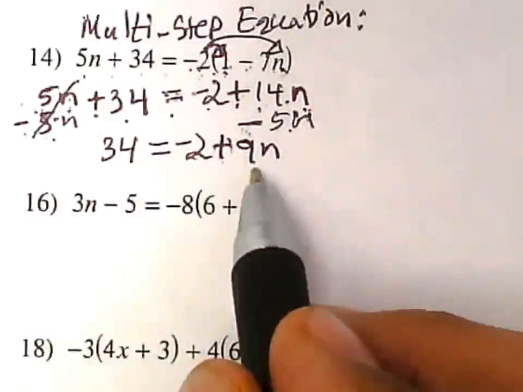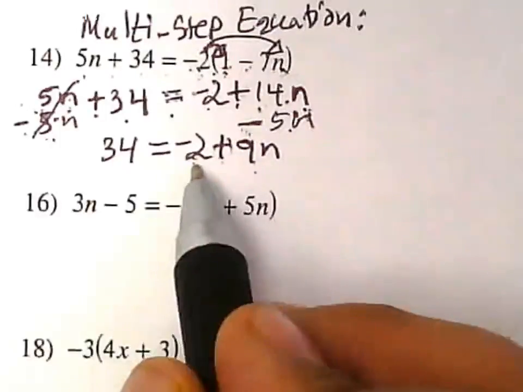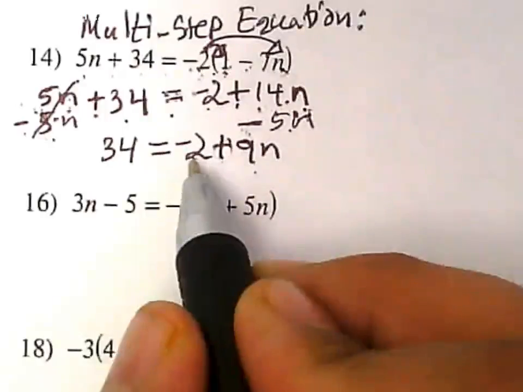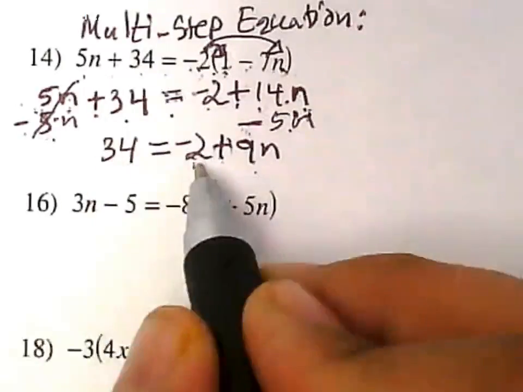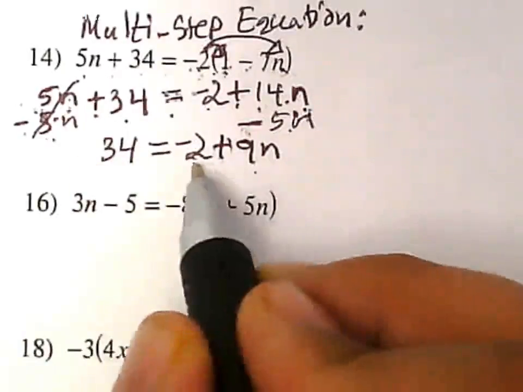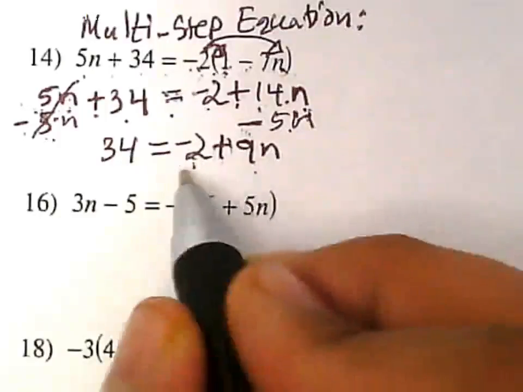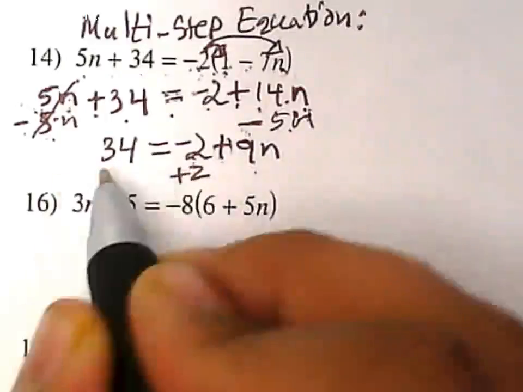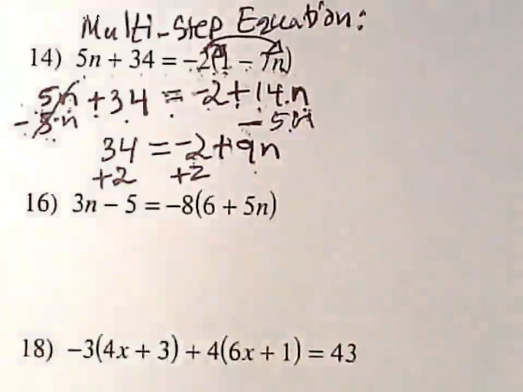We get the n on one side. Now we need to move the number to the other side. So here's negative 2. That's what we need to move to the other side. This is negative 2, so you do the opposite, which is positive 2. If you do positive 2 here, you do the same thing to the other side of the equation, which is underneath the 34.